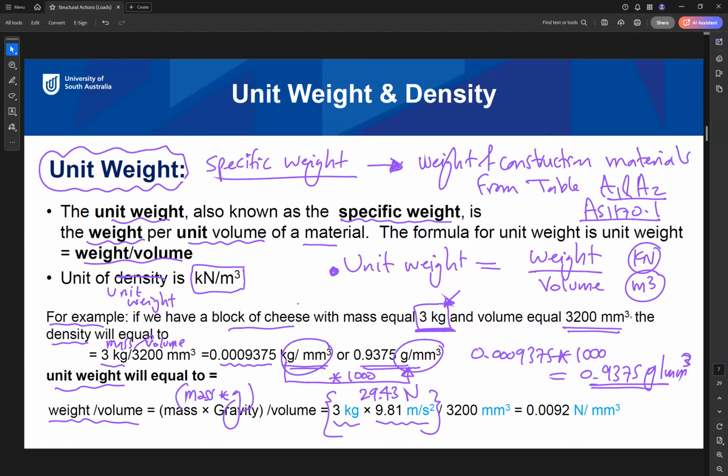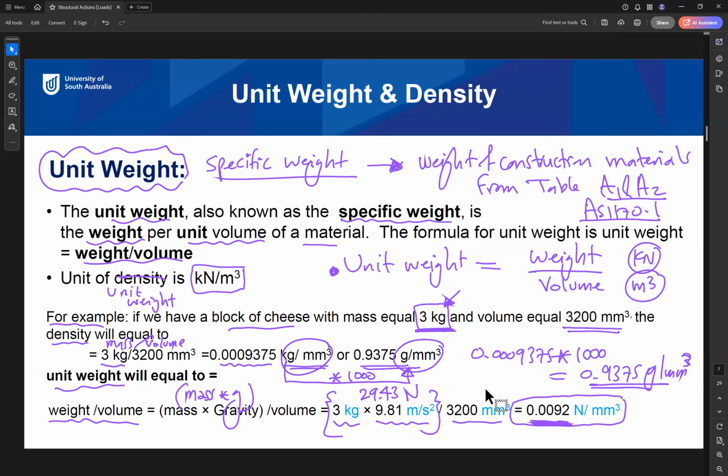Sorry, this is the weight, which is the mass times acceleration. If we divide this over the volume, this gives us the unit weight, 0.0092 Newton per millimeter cubed.